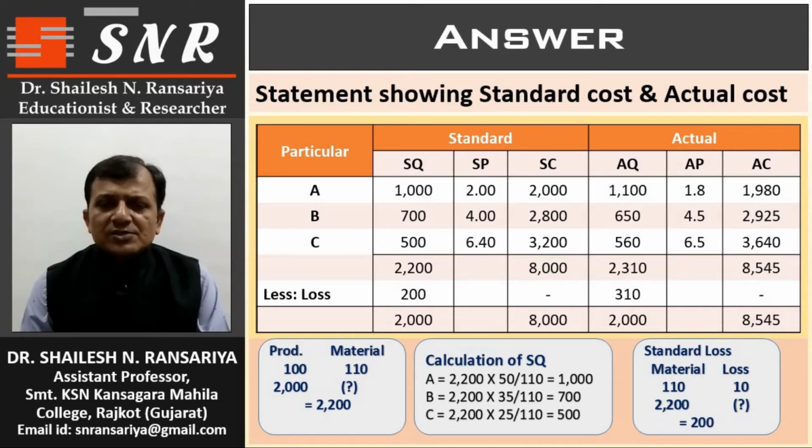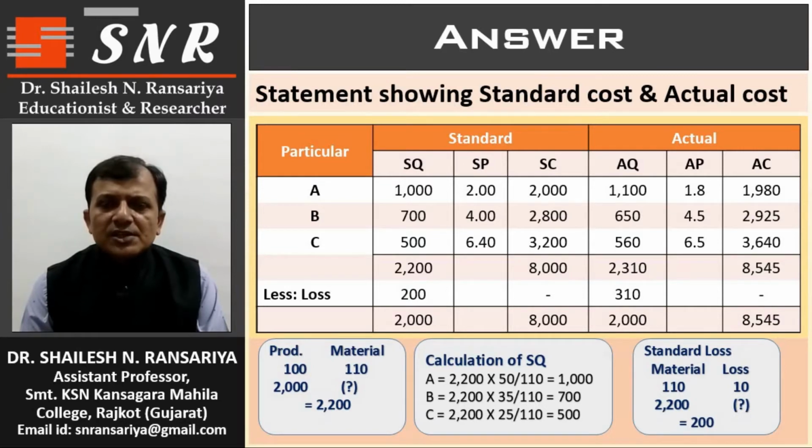Now AQ. AQ for A 1100 multiply AP 1.8, so it is 1980. AQ for B 650, actual price 4.5, so actual cost 2925. And for C, AQ 560, actual price 6.5, so actual cost 3640.